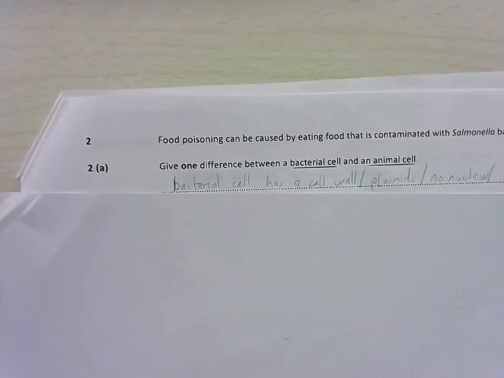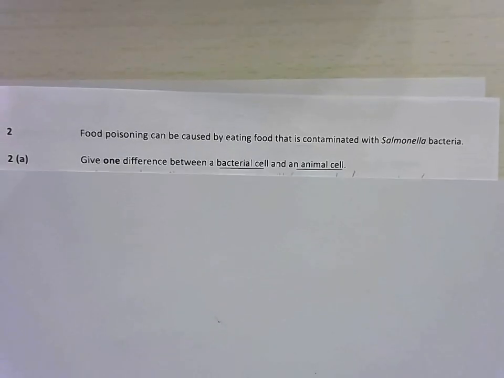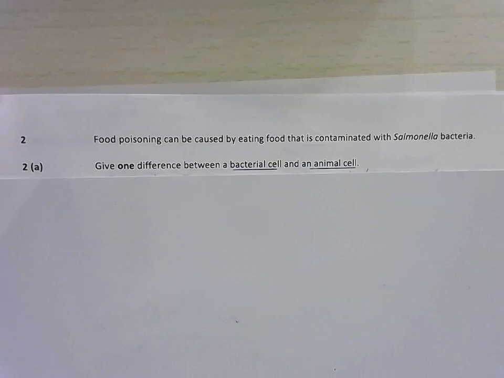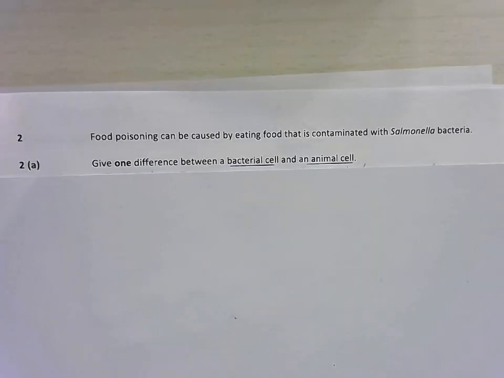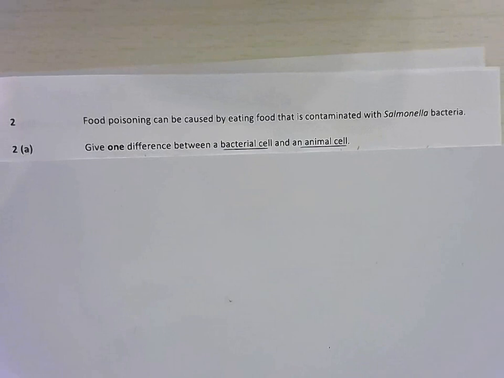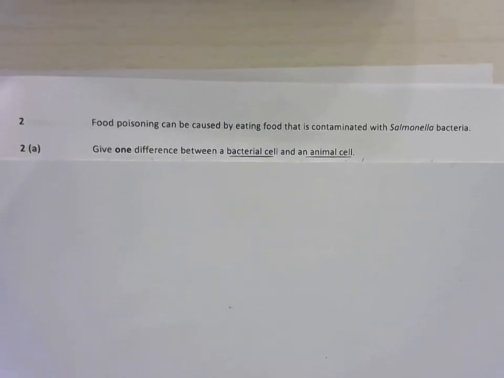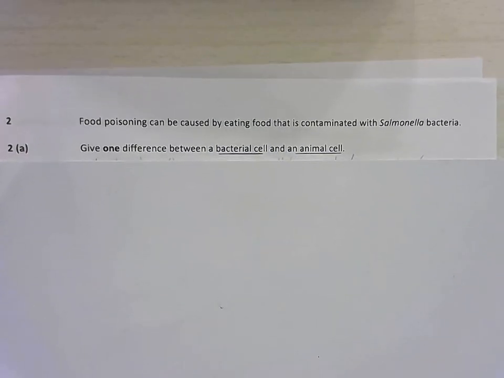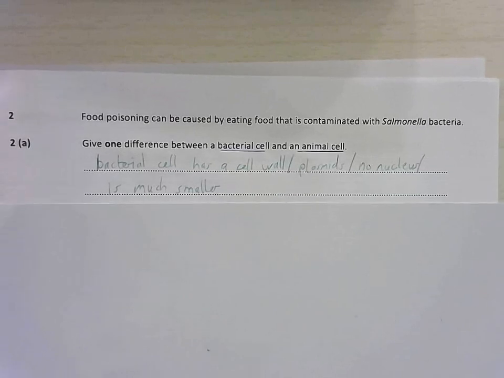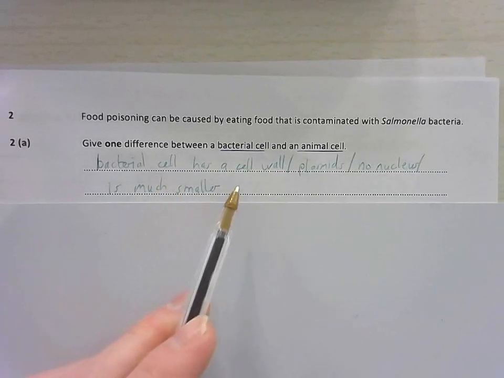Okay, on to the second question. So we got food poisoning can be caused by eating food that's contaminated with salmonella bacteria. The first question, one difference between a bacterial cell and an animal cell. So lots of different ones we can give. So a bacterial cell has a cell wall.